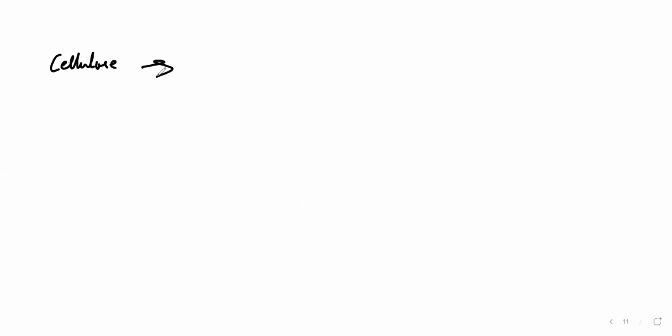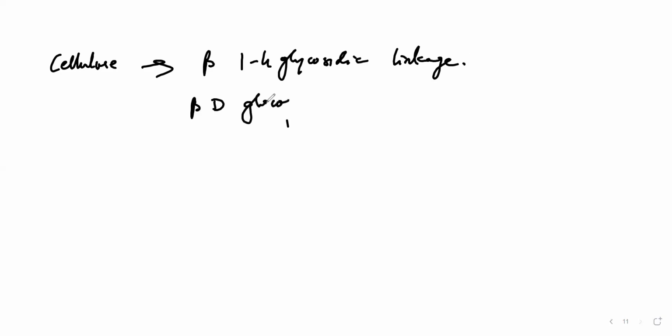Cellulose is a polymer which has a beta 1,4 glycosidic linkage. Here also it is only glucose molecules, but in the beta form. A beta D-glucose chain will be there.